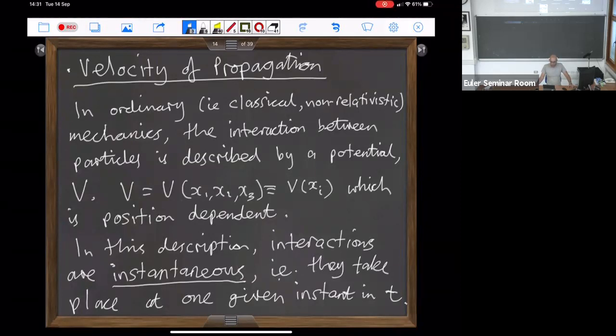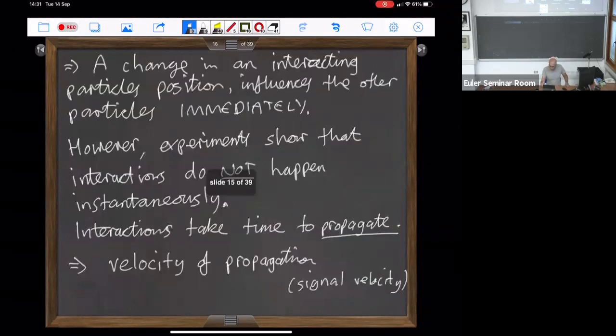So they take place at one given instant in time. For example, if you have a system of particles with some potential, if you change the position of one of the particles, the other particles in the system respond immediately, according to classical mechanics.